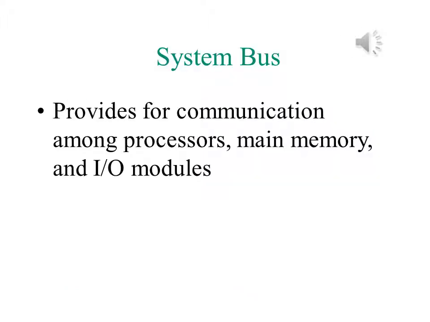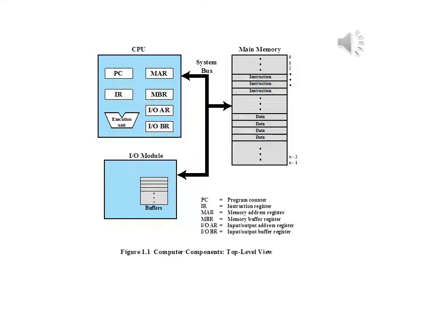The system bus provides for communication amongst processors, main memory, and input-output modules. This figure depicts these top-level components.